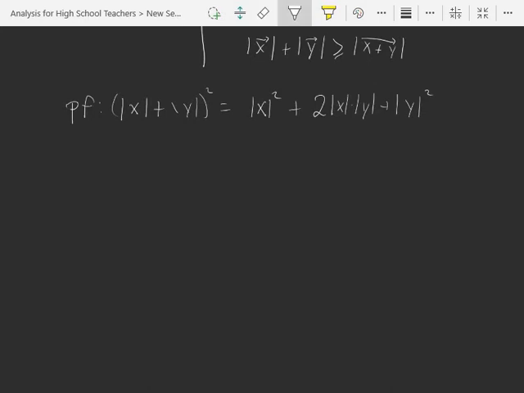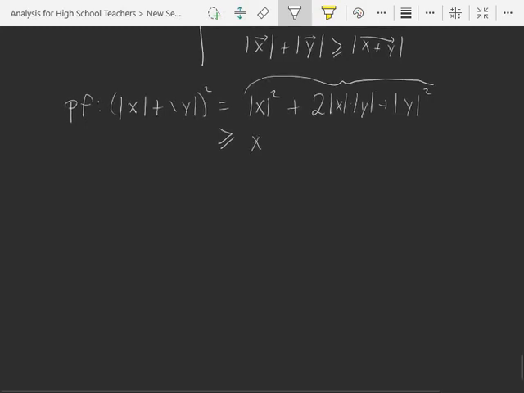Now I'm going to put an inequality in here. This guy right here is bigger than or equal to x squared. I don't even need the absolute values on x squared because in real numbers x squared and the absolute value of x squared are the same thing. And this middle statement, this is positive for sure, right?